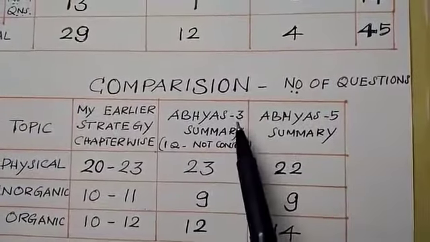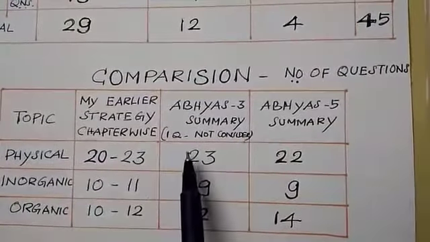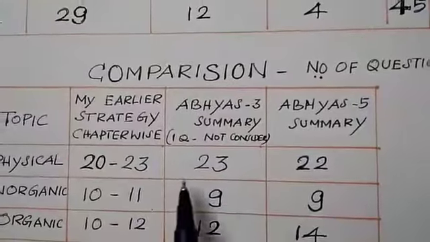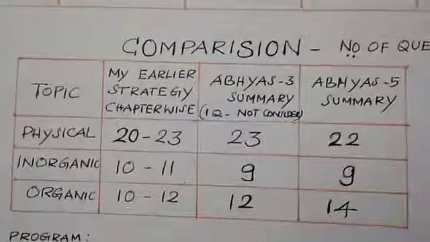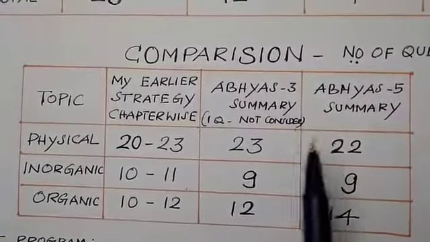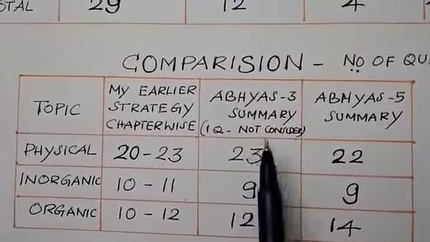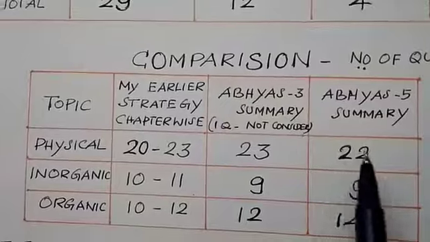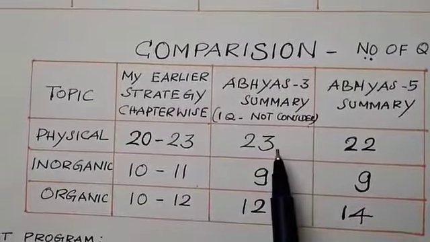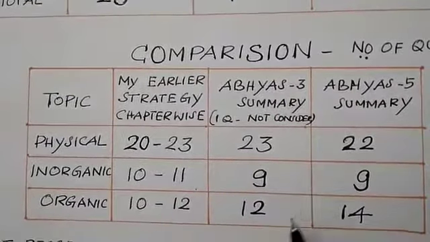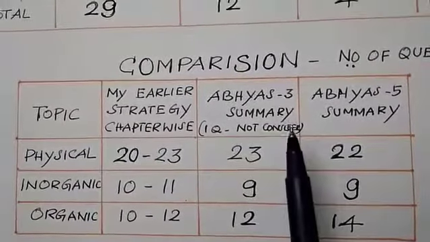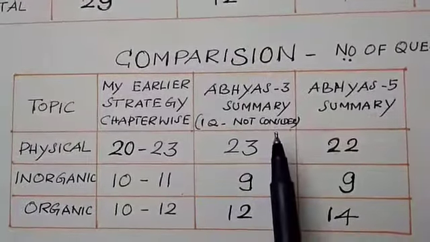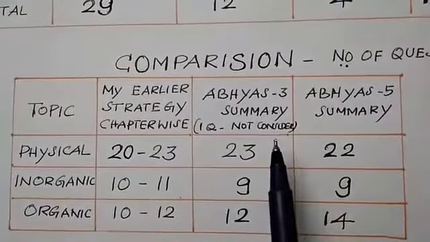What we had under AIATS 3 is 23 questions. Here your AIATS 3 summary is, 1 question was not considered, only 44 questions. Among the 44, 23 physical, 9 inorganic and 12 organic. For what we had in AIATS 3, I have already uploaded a separate video in English and Tamil, utilize it properly.